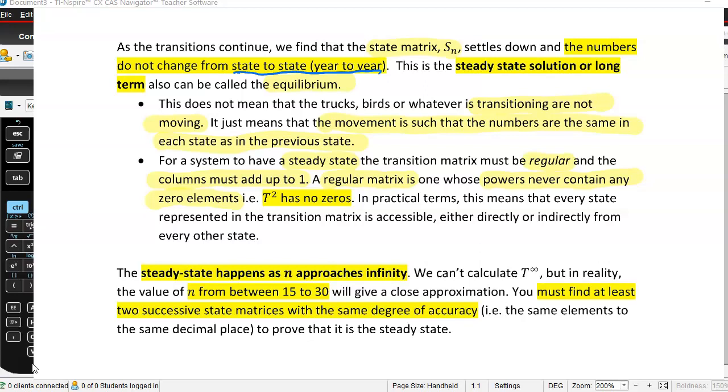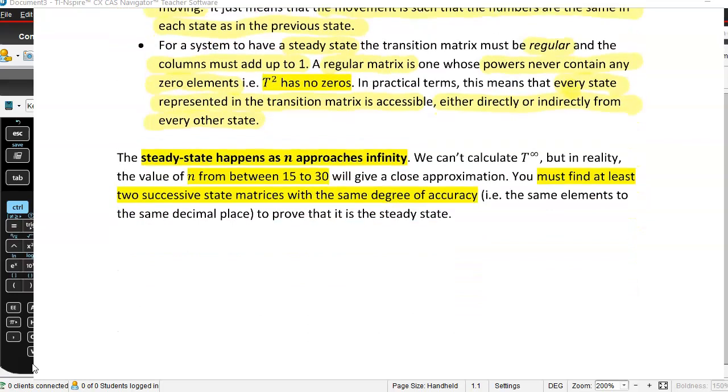So if we square it, there's no zeros. In practical terms, this means that every state represented in the transition matrix is accessible, either directly or indirectly, from every other state. So yes, you can get to each state.